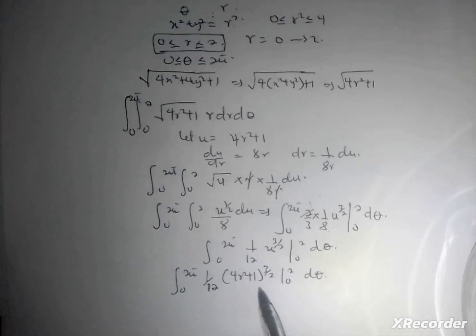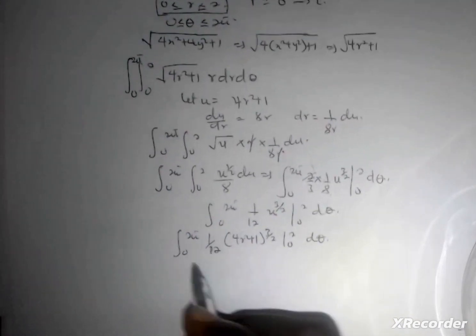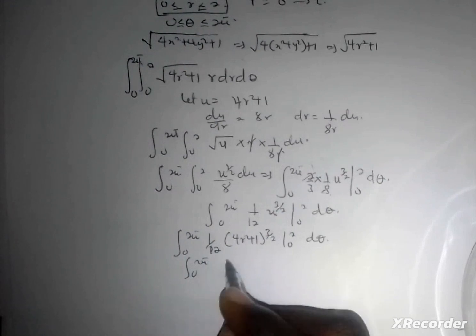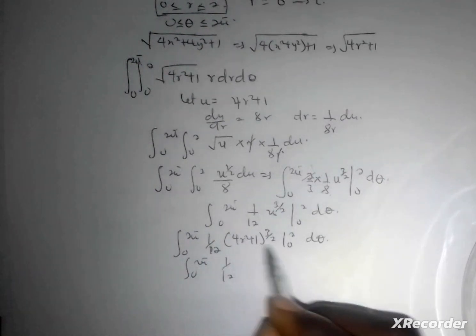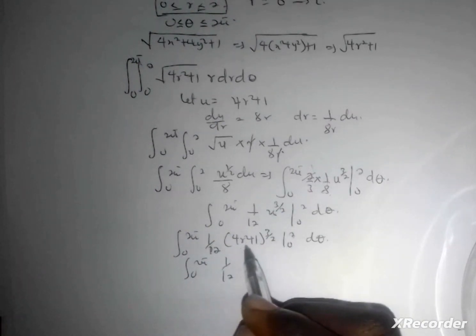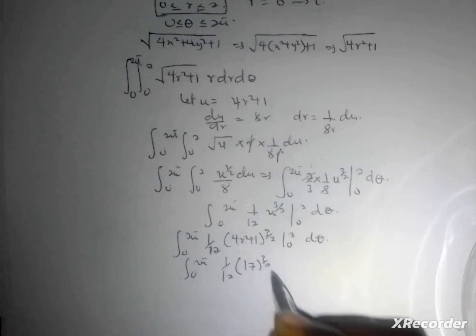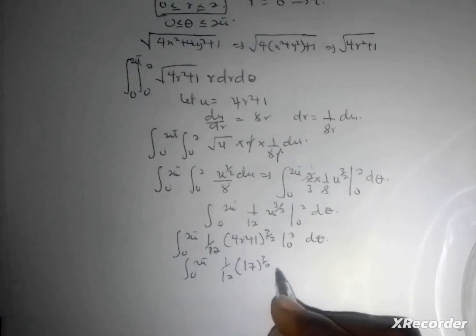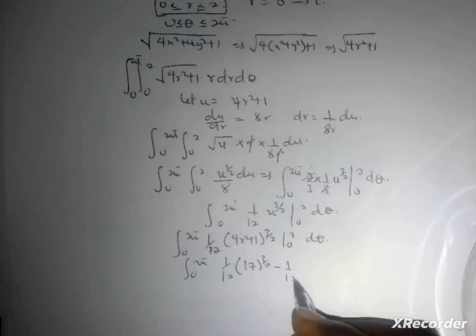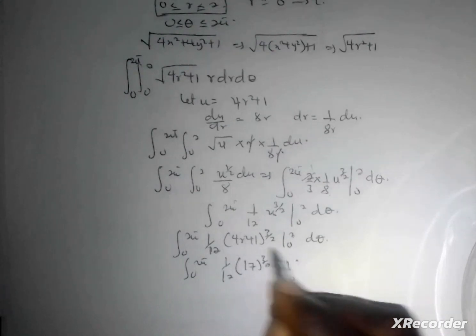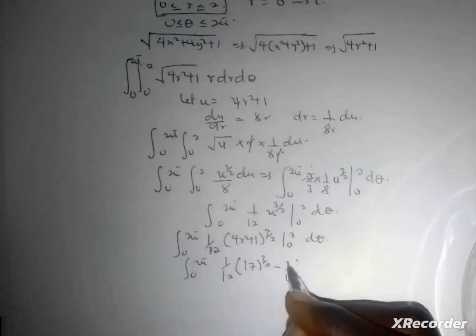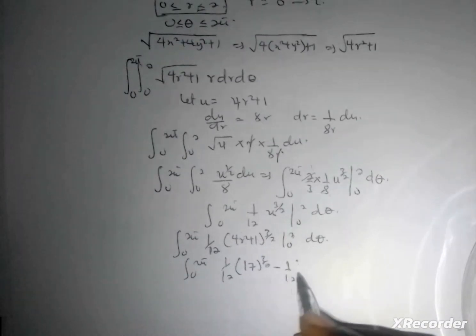To simplify, wherever I see r, I put 2 there. Here when I put 2, I get 4 times 4, so 16, plus 1, that is 17 to the 3 over 2. Then minus 1 over 12. When I put 0, everything vanishes except 1 over 12, so it becomes 1 over 12, like this.